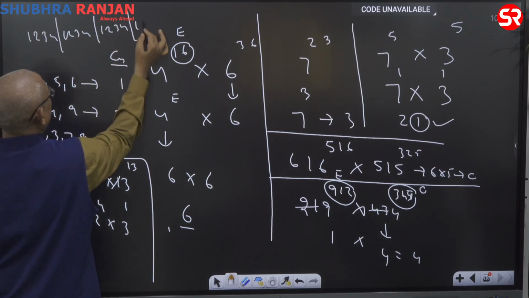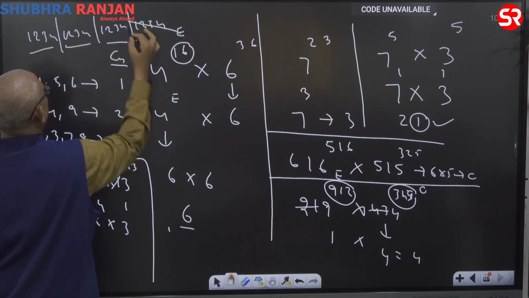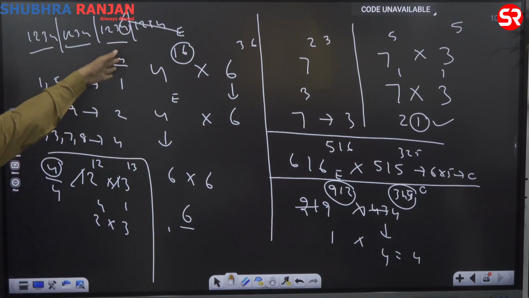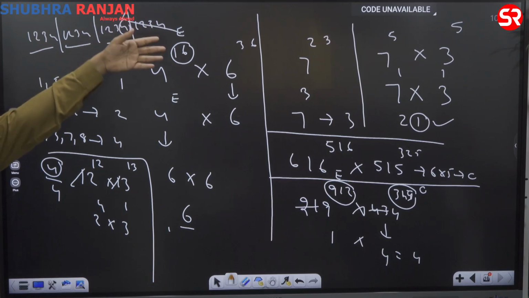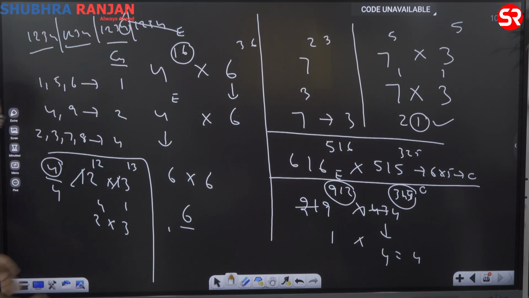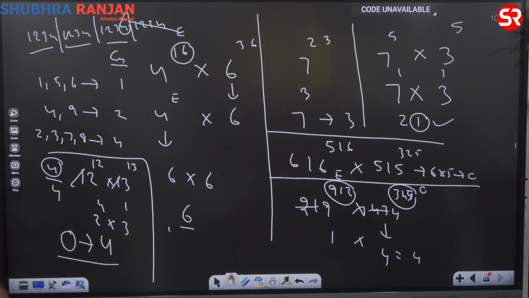So 4 threes are 12 only. Don't consider this. This is the last one. Are you getting my point? That means cyclicity is 4, so you have to consider 4. Simply remember, if the remainder is 0, you have to take 4.